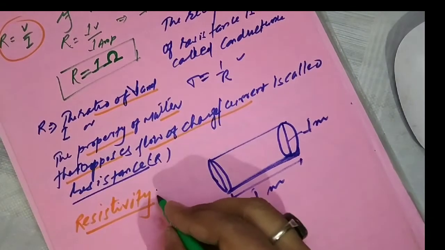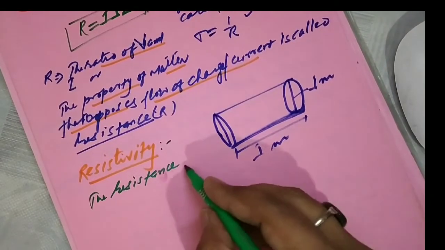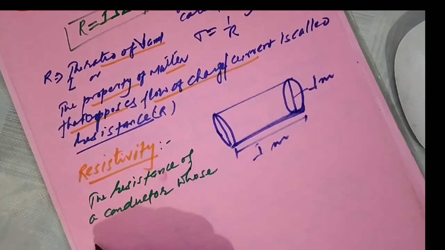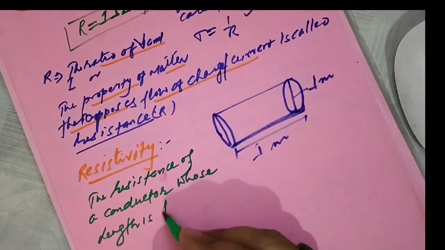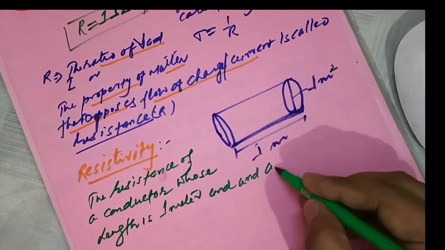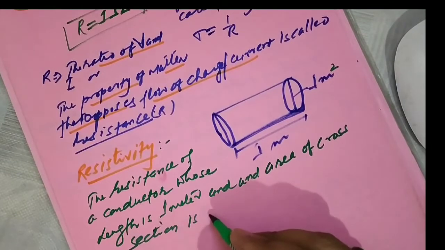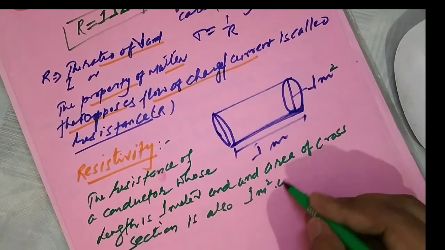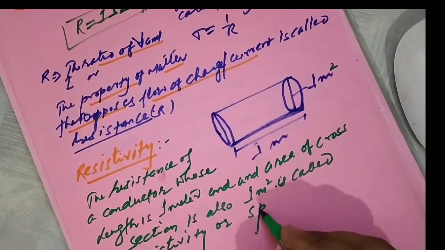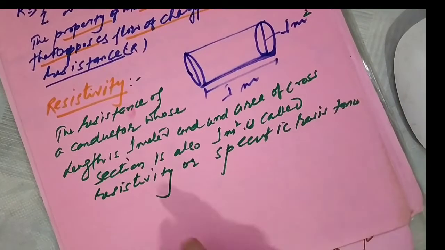So the resistance of a conductor whose length is 1 meter and area of cross section is 1 meter square is called resistivity or specific resistance. That means the resistance of a special conductor.